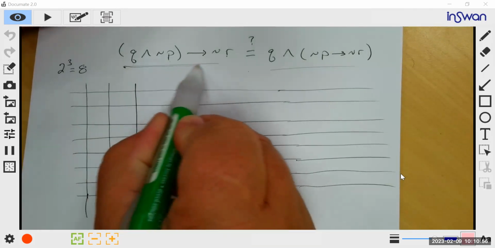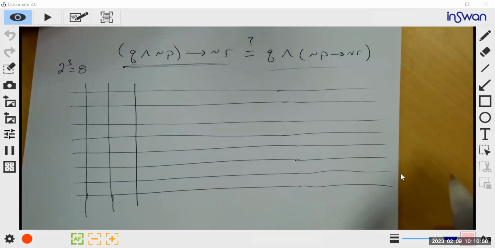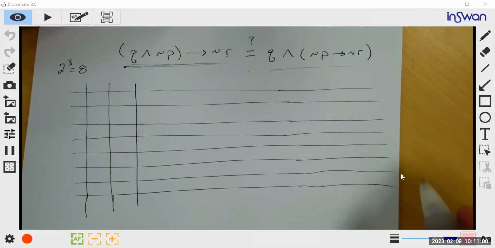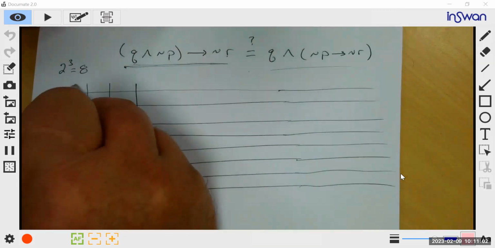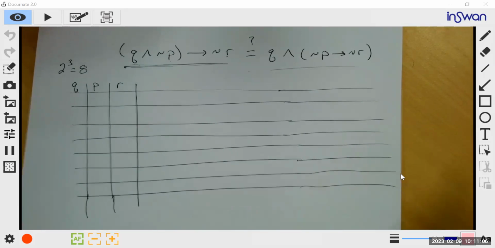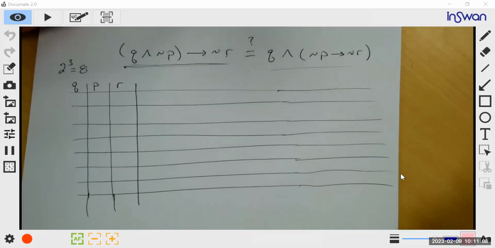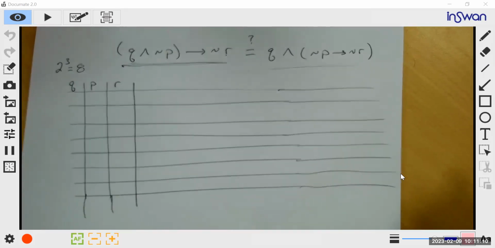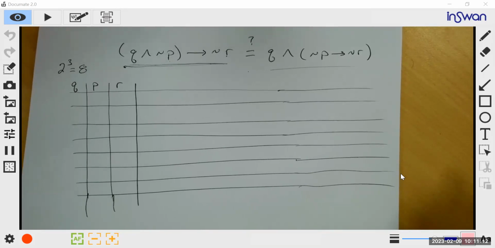Remember, we're doing this side first. So we have the letters Q, P, and R. Remember last time I told you how to do this when you have more than 2 letters? Always start from inside and work your way out.